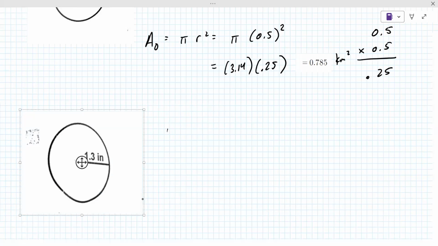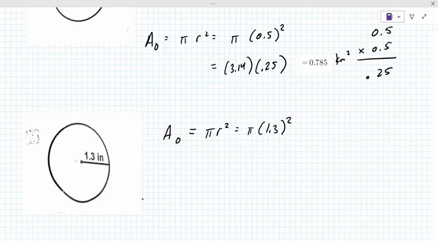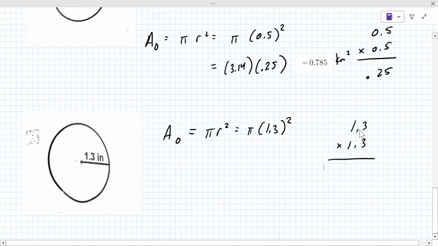So the area of a circle is pi r squared. They're giving you the radius this time, 1.3 squared. So I want you to come over here to the side, 1.3 times 1.3. There's two decimal places, one for the first, one for the second. When you get your answer, you're going to move the decimal left 2 times.